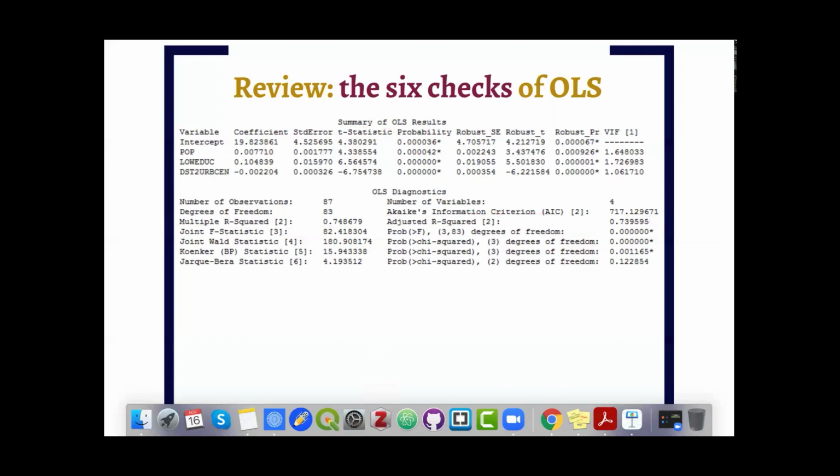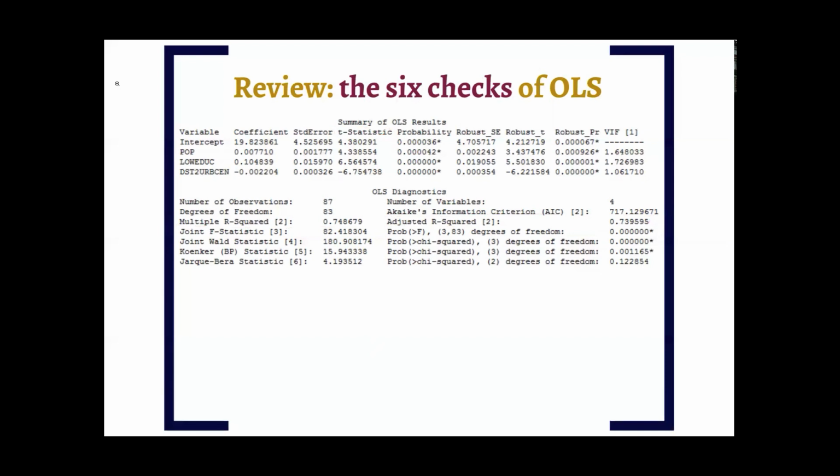Okay, so I think that's pretty much my questions for the review. And of course, you can use the handout to look at other components of the 6 checks. For the coefficient, we went over the probability, and also the Koenker statistic will help us determine whether we should look at the robust probability or not. The VIF is the indicator of multi-collinearity, how related your X variables are.